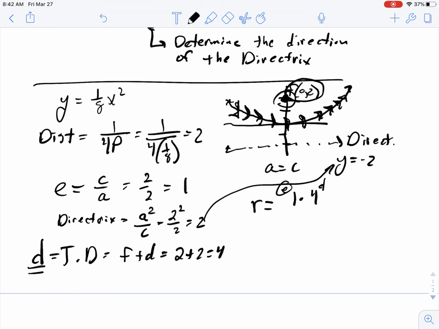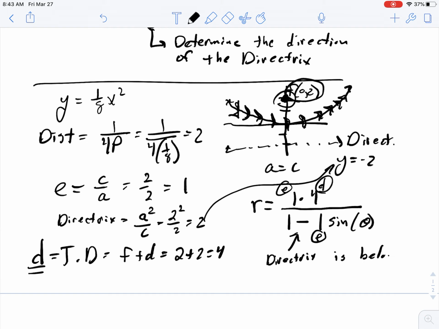So this is my E, and this is my total distance, over 1 minus 1. So again, there's an E sine of theta. Now, since I use the negative, my directrix is below the graph.